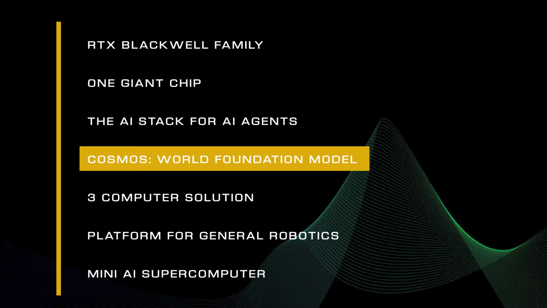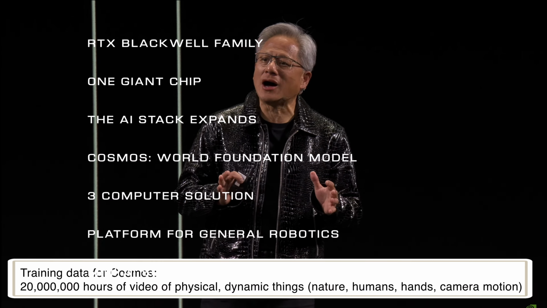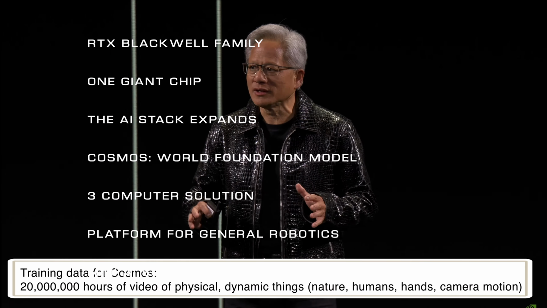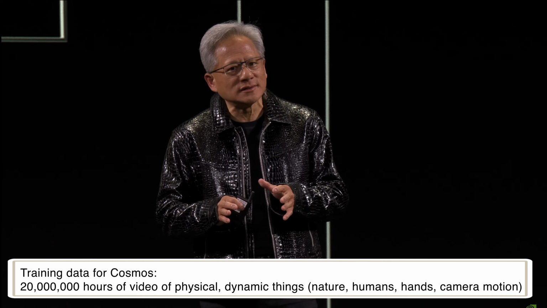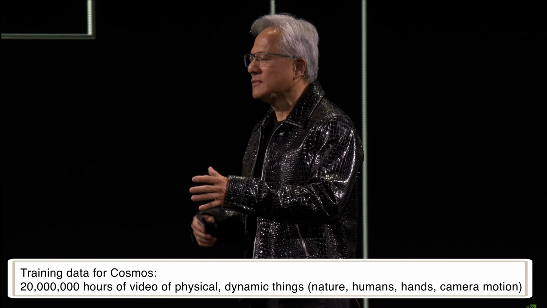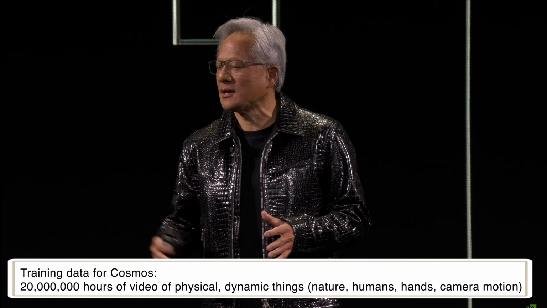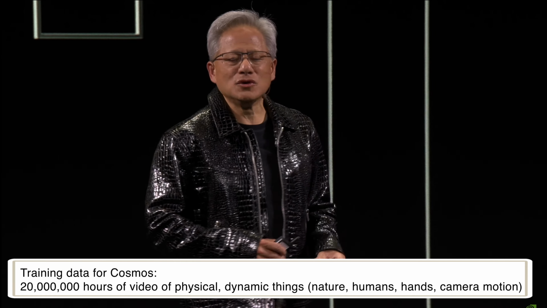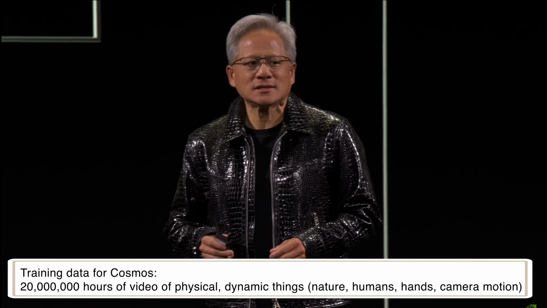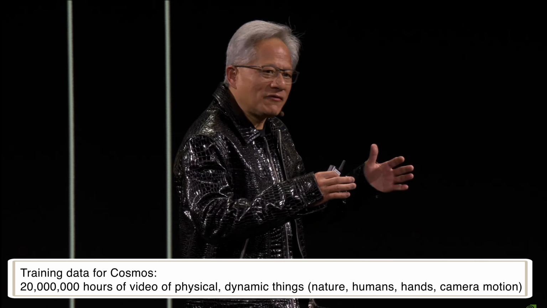Today, we're announcing a very big thing. We're announcing NVIDIA Cosmos, a world foundation model that was created to understand the physical world. It is trained on 20 million hours of video. The 20 million hours of video focuses on physical dynamic things. So dynamic nature themes, humans walking, hands moving, manipulating things, things that are fast camera movements.